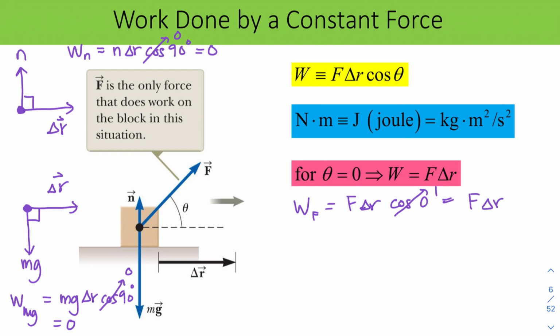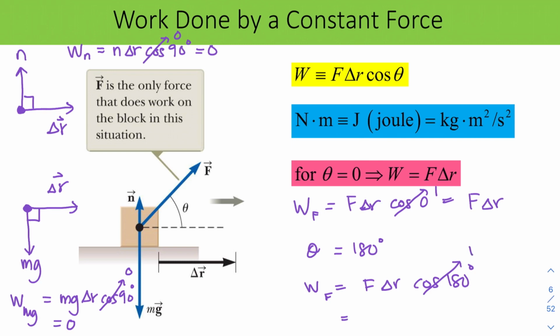What about if theta is 180 degrees? For 90 degrees you can already see from here, right? If it is 180 degrees, then the work done will be F delta R cos 180 degrees, and cos 180 gives you negative 1.